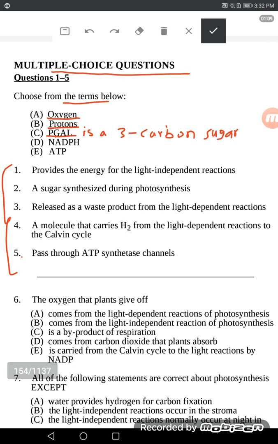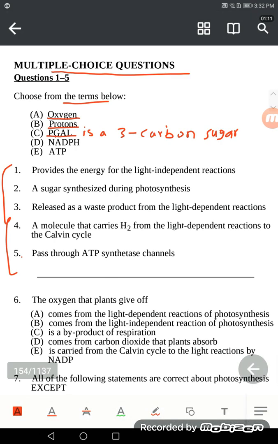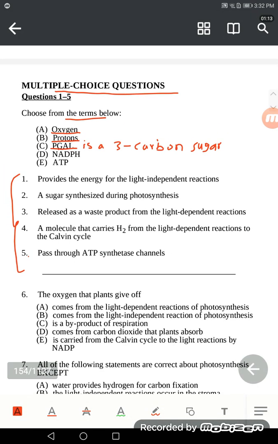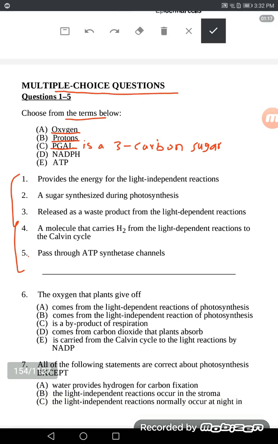We have to know that it's produced during the Calvin cycle, or we can say during the light independent reaction. NADPH, it is nicotinamide adenine dinucleotide phosphate, and H, it is the reduced form of NADP. ATP is the energy. So now let us read the statements that we have.